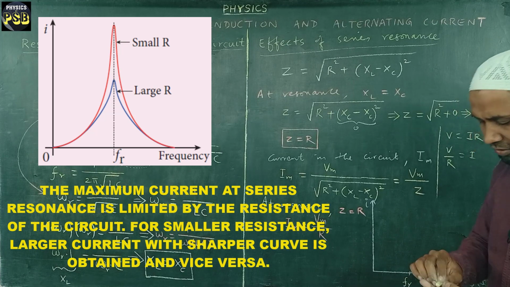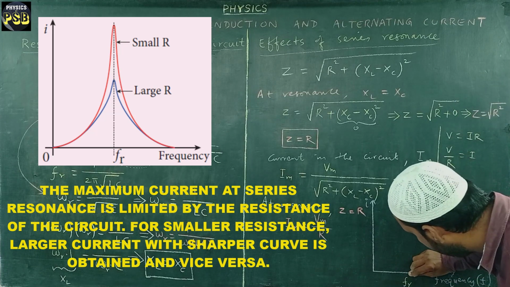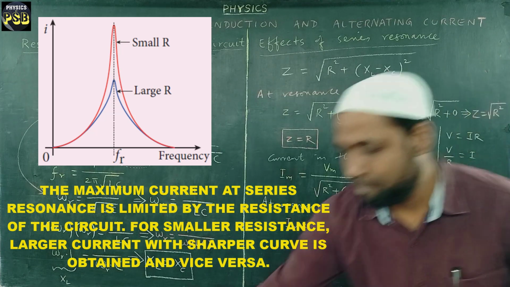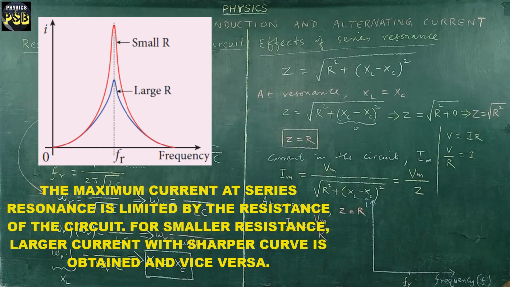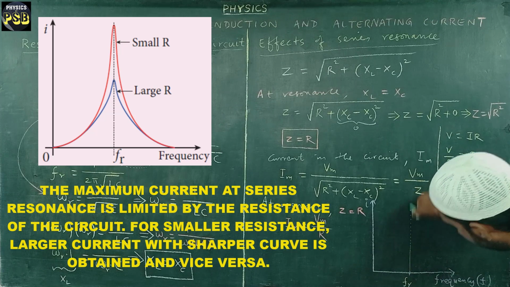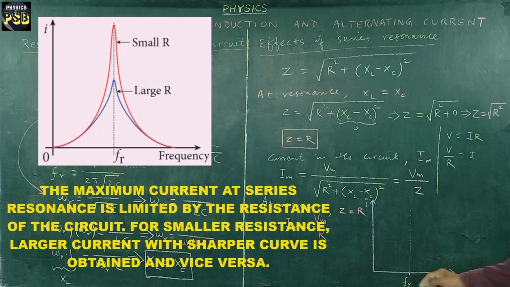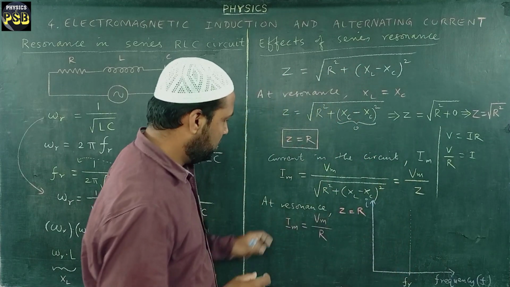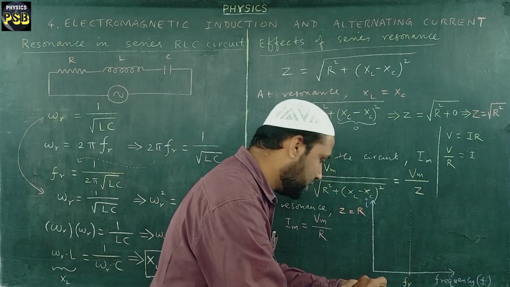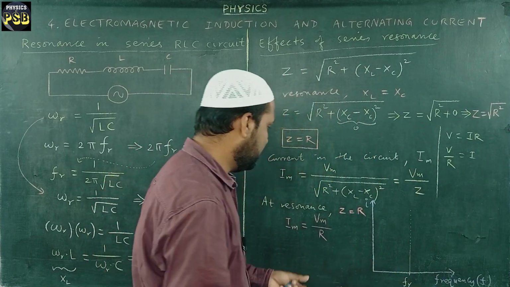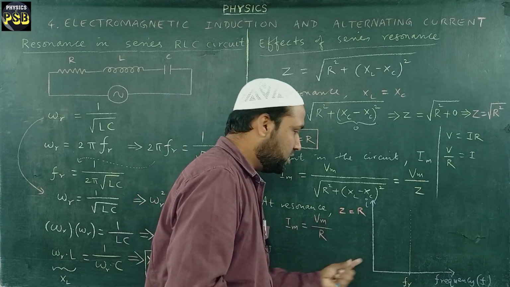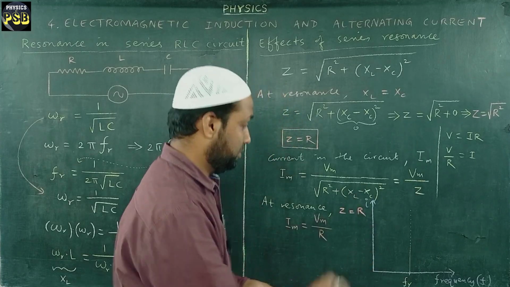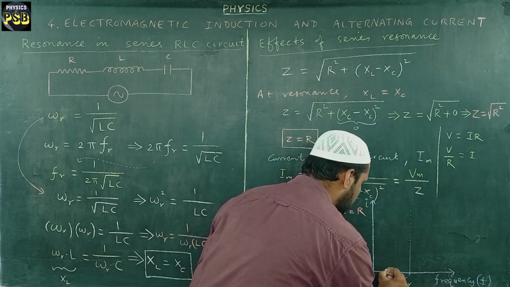At the resonant frequency, the resonance takes place, the impedance value reduces, and the current becomes maximum.